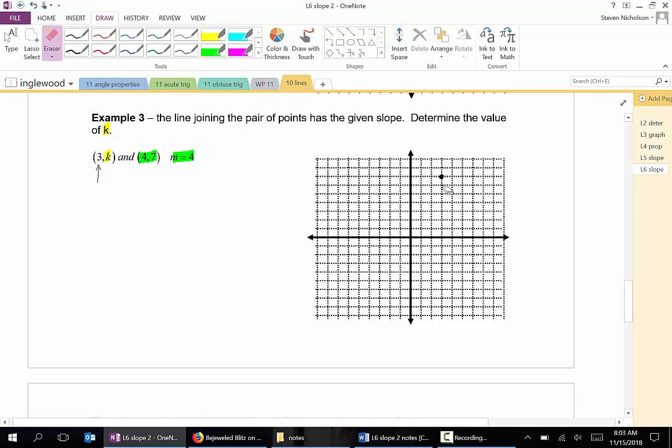Oops, sorry. 4 comma 7 is right there. And here's what we want to do. We want to figure out what that number is, but x is equal to 3. Now, I can't assume it's going to be a nice number, but it'll turn out to be.